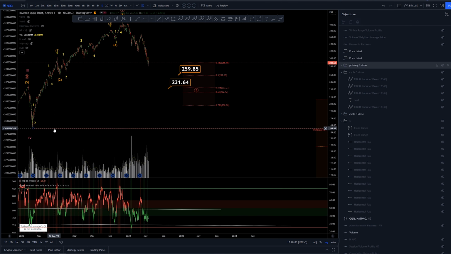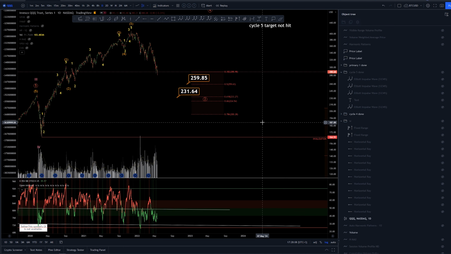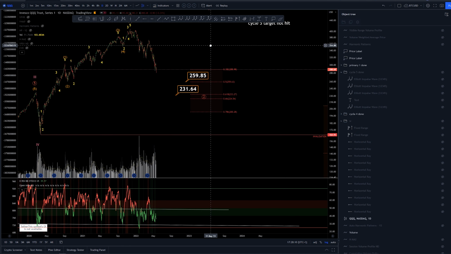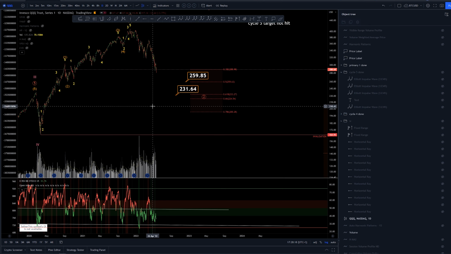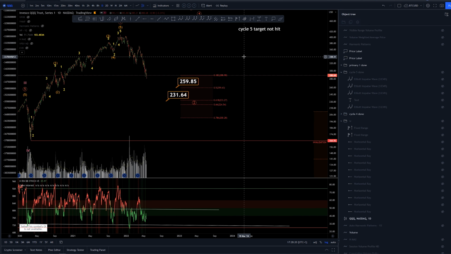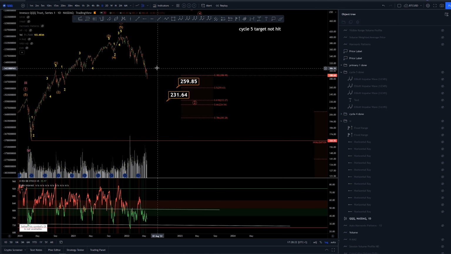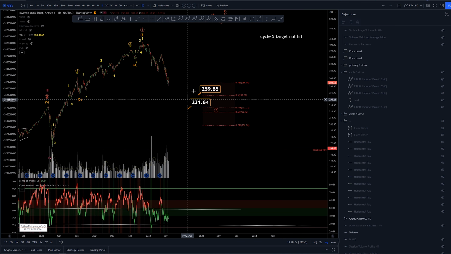Invalidation point down here where the whole wave structure starts around $165, at least on QQQ, different of course on other ETFs and whatever you're going to play Nasdaq with. But yeah, that's pretty much it for this higher time frame macro count. I'm going to be playing, again, this is my primary.